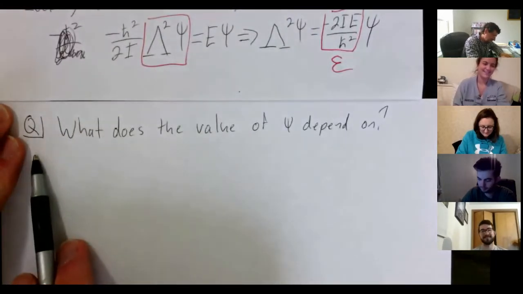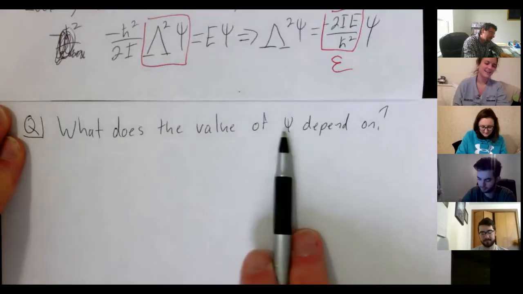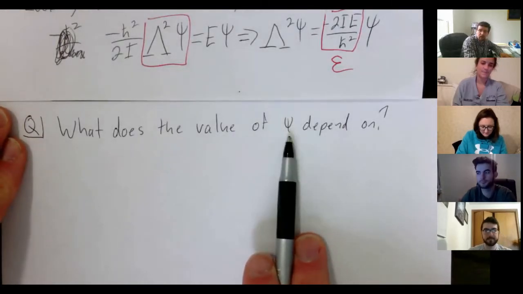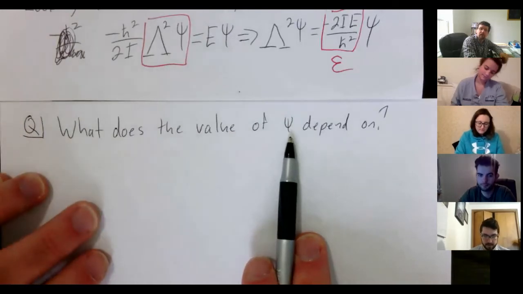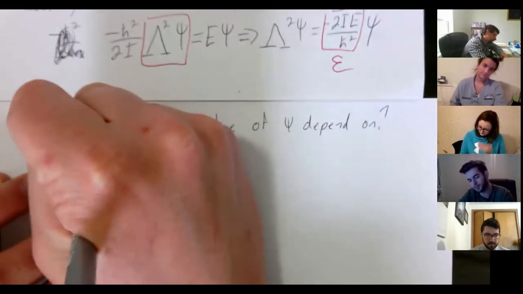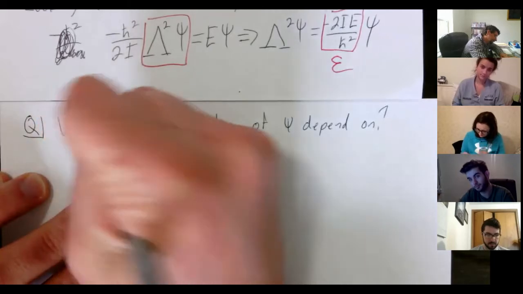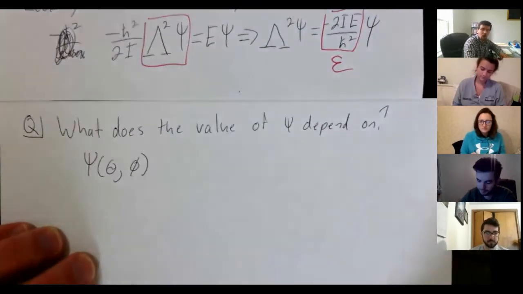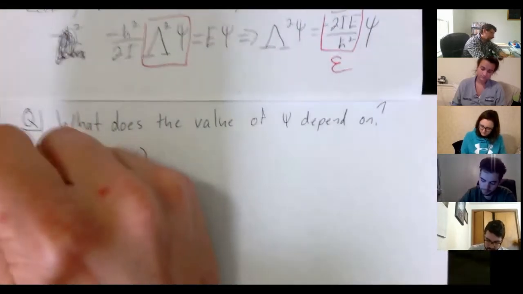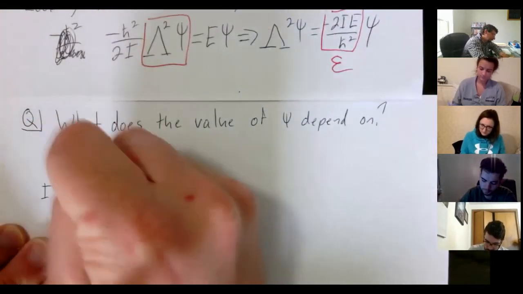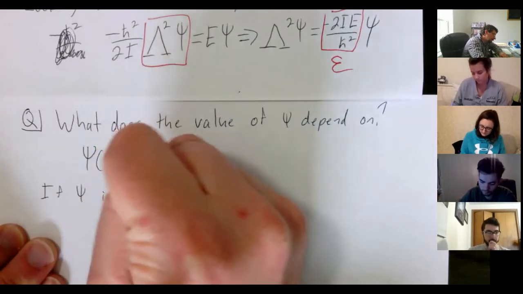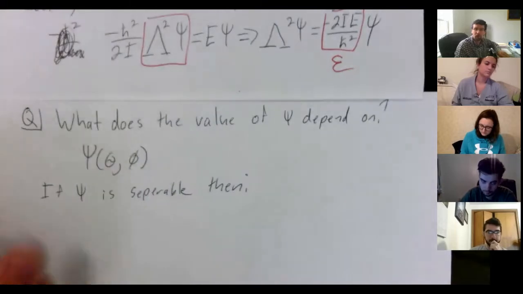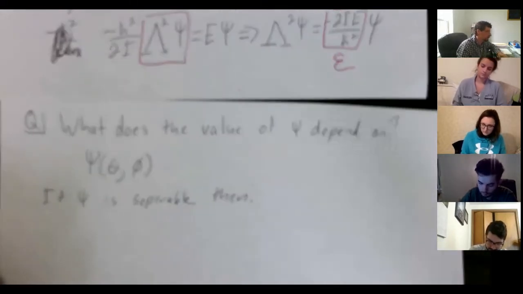Yeah. So we have this psi, but what does psi depend on? So what are the variables it depends on? Theta and phi. Yep, that's right. Okay, if these two are separable, meaning we can pull them apart, we can actually get two functions out.